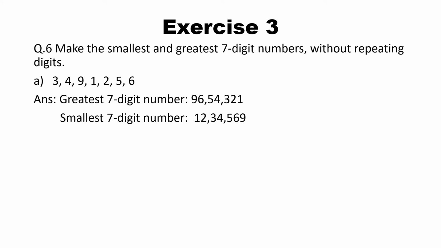So we need to start from the greater number. And while writing the smaller number, we need to write the smallest number first. So 1, then 2, then 3, then 4, then 5, then 6, and then 9. So smallest to greatest, and here we need to move greatest to smallest.